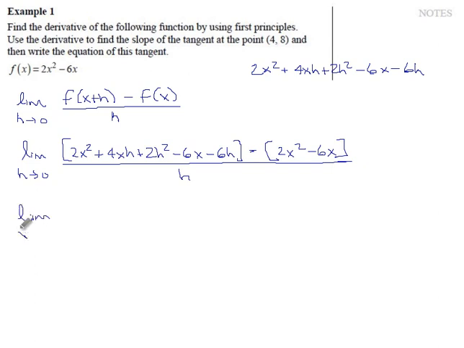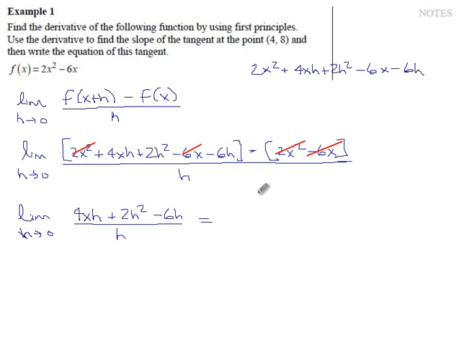Now we try to clean it up, which usually goes well. I see 2x squared minus 2x squared. Here's a minus 6x and minus 6x. Those cancel. So we end up with 4xh plus 2h squared minus 6h all over h.